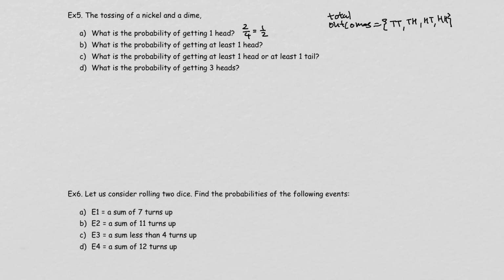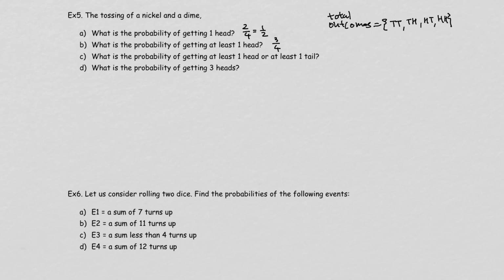The second one is asking probability of getting at least 1 head. At least 1 head is including 1 head and 2 heads, which is going to be these 3. So it will be 3 out of 4 or 0.75 probability, right?